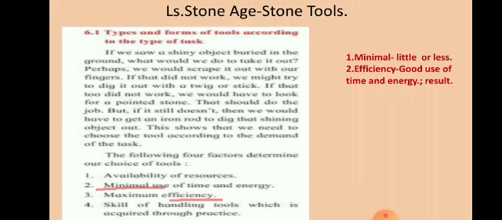In this way, skill of handling tools is acquired through practice. If we continuously practice and use the same tools, we can easily handle them. Otherwise, it becomes difficult. For the first time, whenever we use a specific tool, it is very difficult.